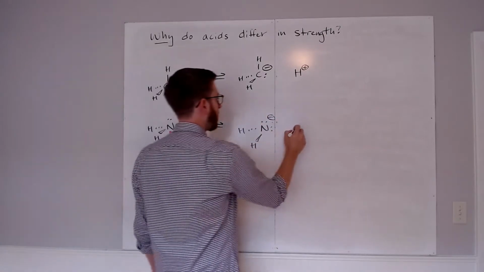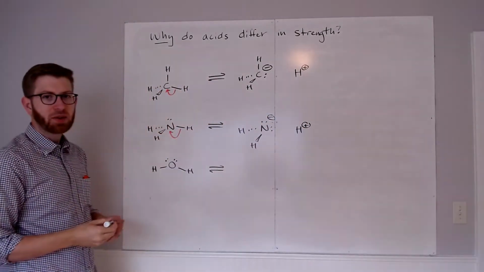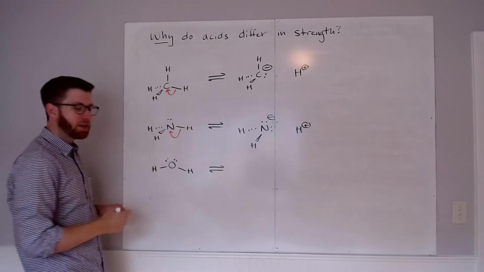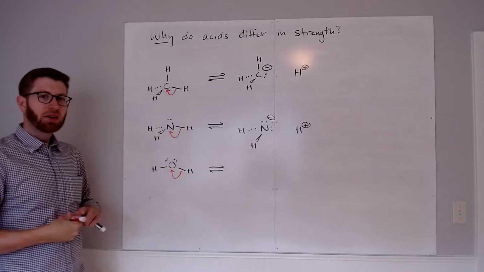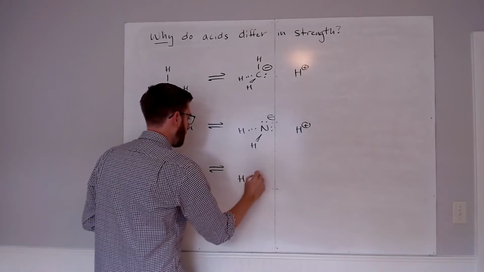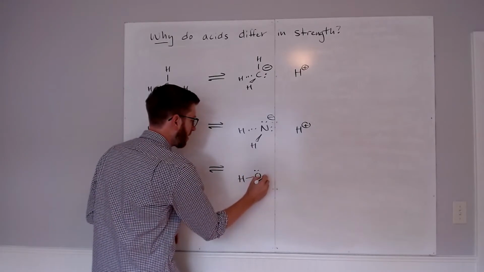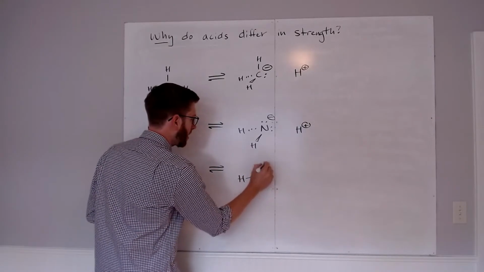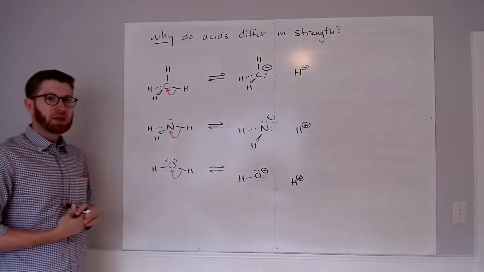Just like before, I'm also going to end up with H+. Finally, if I do this for water, this is probably the acid dissociation of the three that you're most familiar with. The idea here is that I would generate hydroxide, where oxygen starts with two lone pairs, ends up with three, negative, and H+.